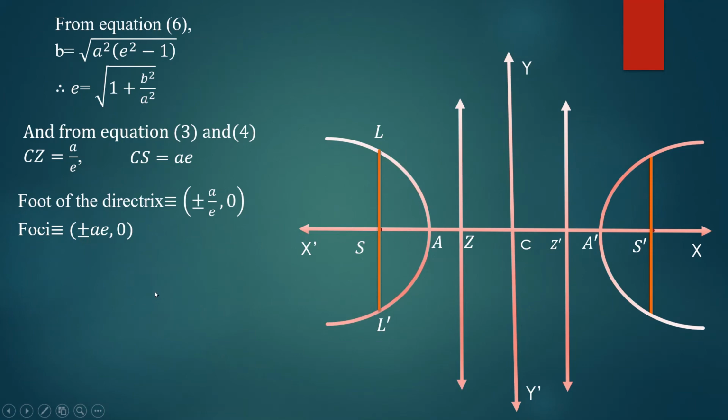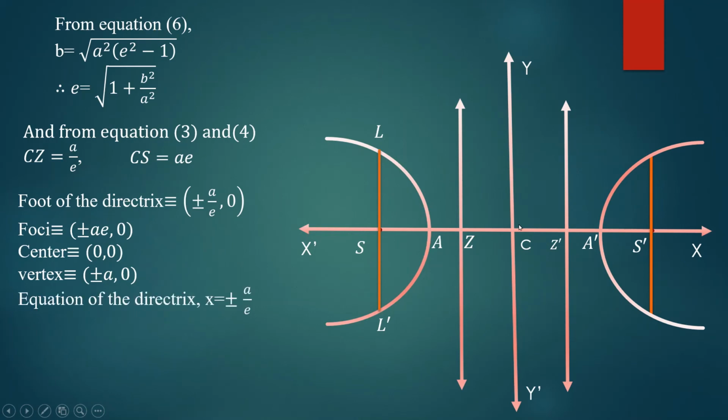Okay, center is origin here, so center is 0, 0. Vertex: minus a, 0 and plus a, 0, so vertices are plus minus a, 0. Equation of the directrix: x is equal to plus minus a by e.